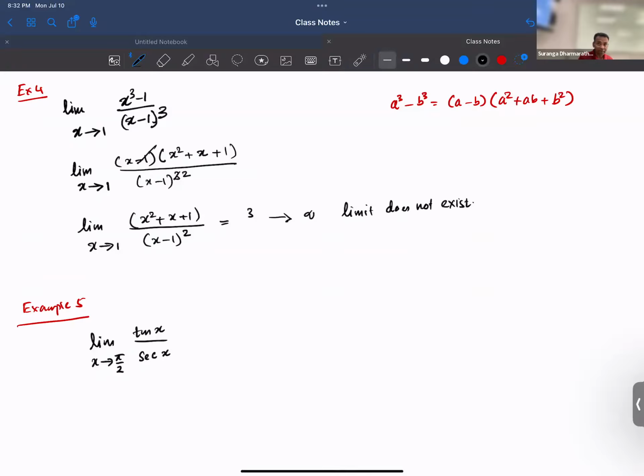So let's do that. So limit x goes to pi over 2. This is sine x divided by cosine x. And the denominator is 1 over cosine x. Right? In the numerator, it is sine x times 1 over cosine x. And the new denominator, 1 over cosine x.